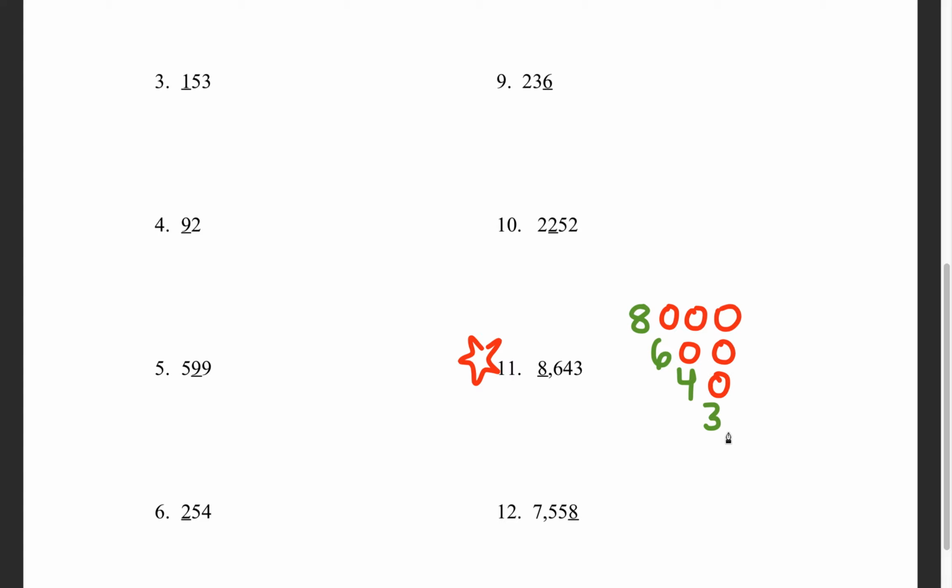This is basically telling there's 3 ones, 4 tens, 6 hundreds and 8 thousands. Since 1000 has 3 zeros and 8000 has 3 zeros, since they both have the similarity of 3 zeros, this is going to be the thousands place. Yeah, that's a bit sloppy.